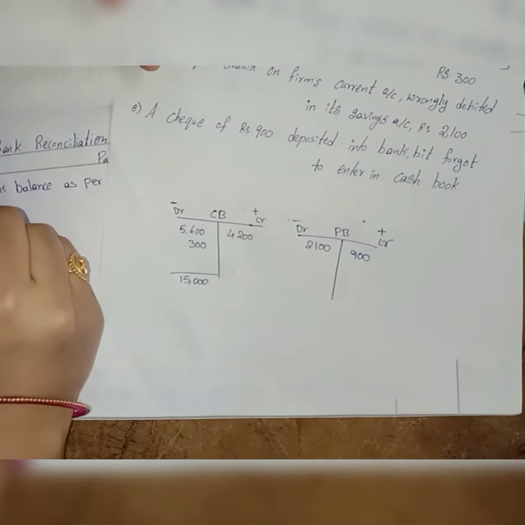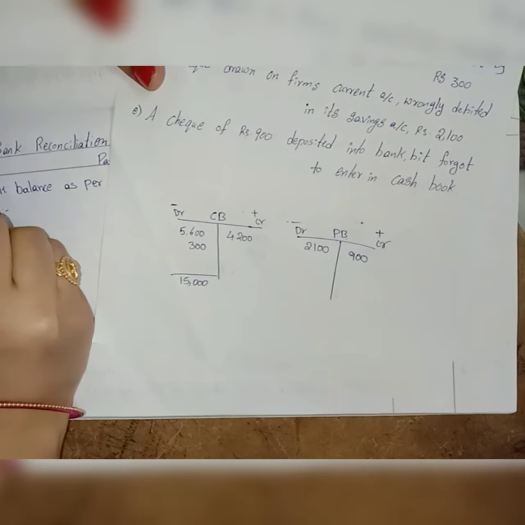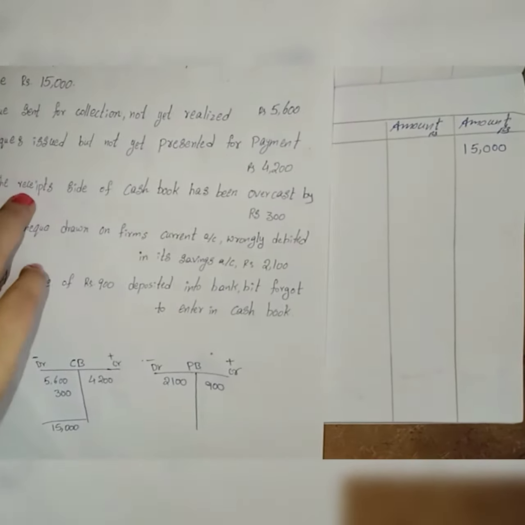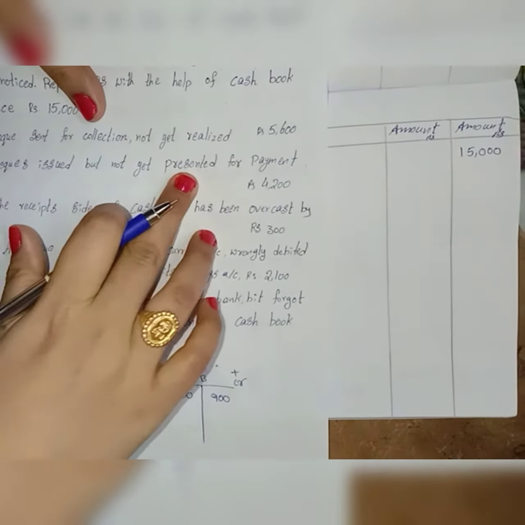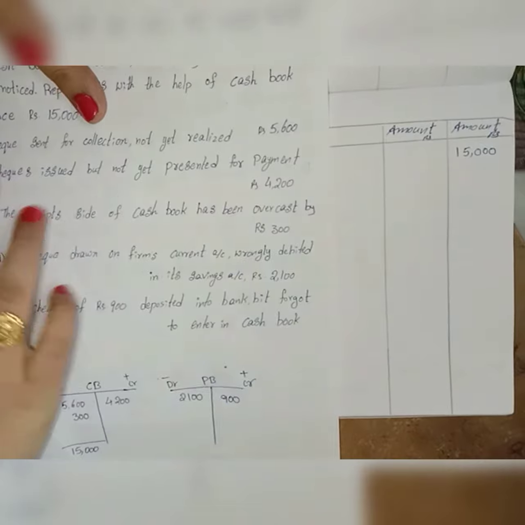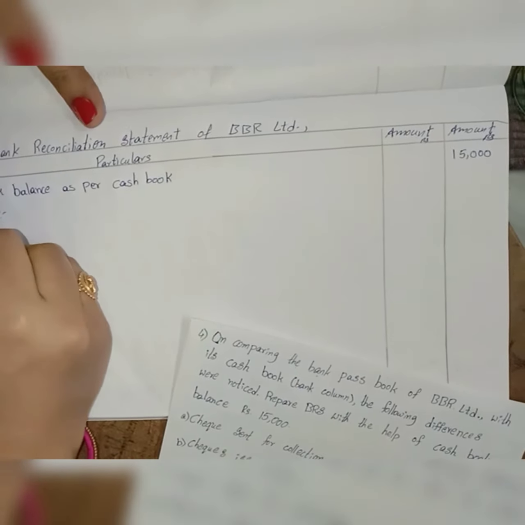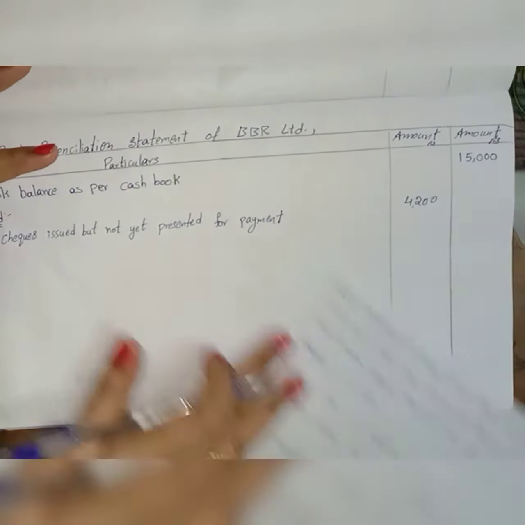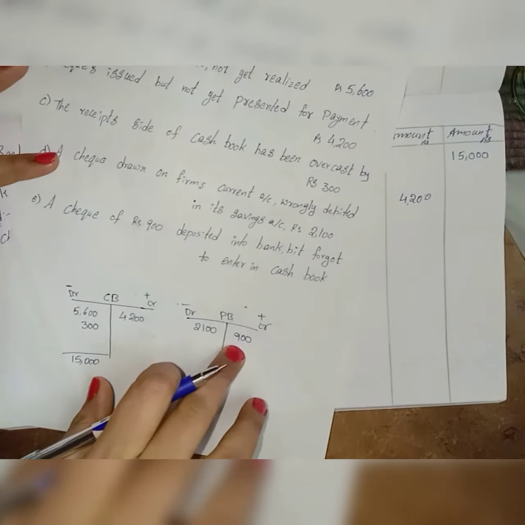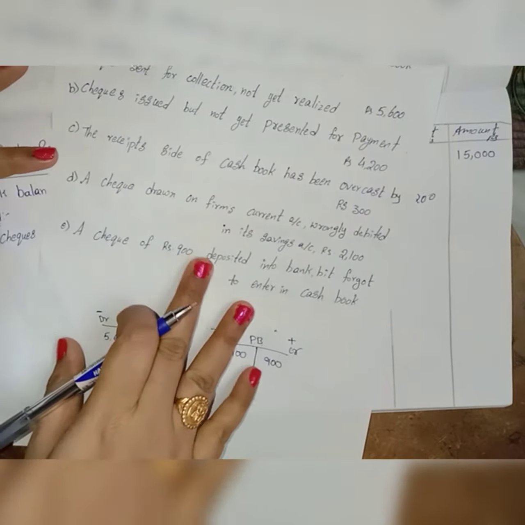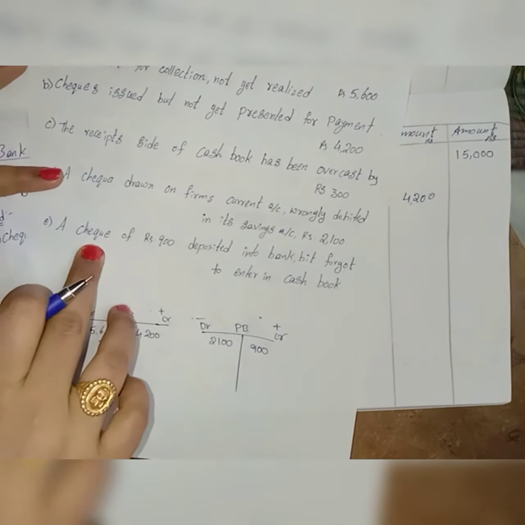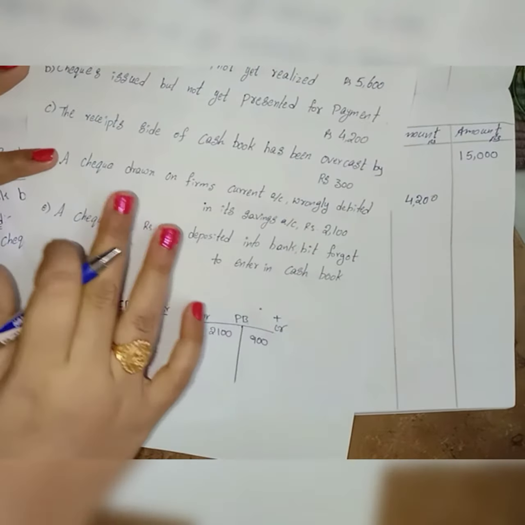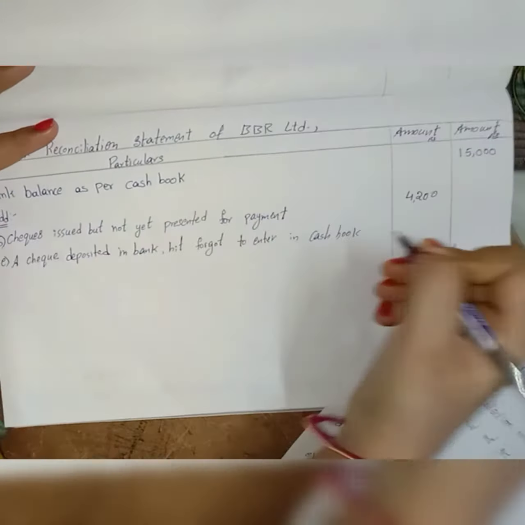First we have to add 4,200, checks issued but not yet presented for payment. And next, 900, a check deposited in bank but forgot to enter in the cash book, 900.